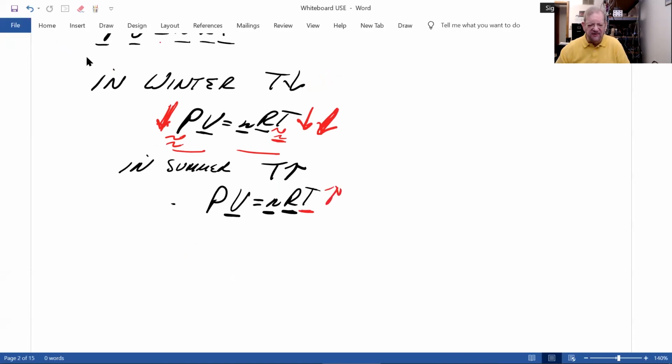And if the temperature goes way up, to keep this equal and V can't change, the pressure goes way up. So in the summer, when the temperature goes up, you better check your car tire pressure, because if it goes too high, just like if you fill a balloon too much, it explodes, goes pop, more than pop. And that's not a fun thing.